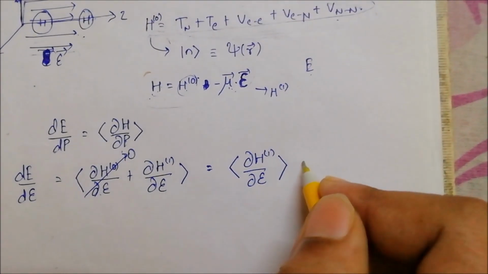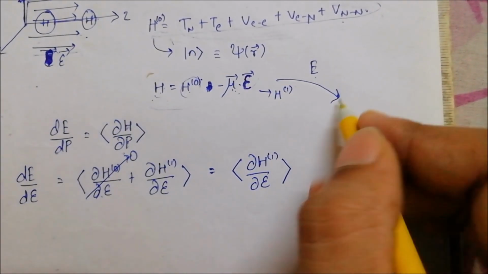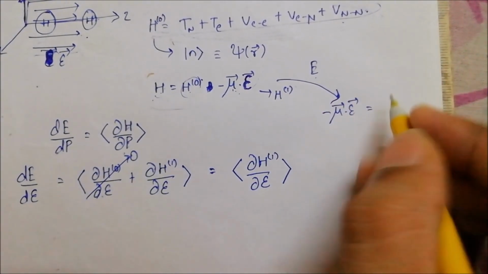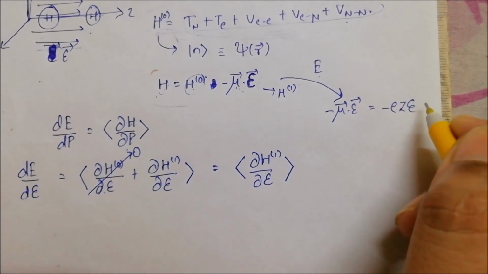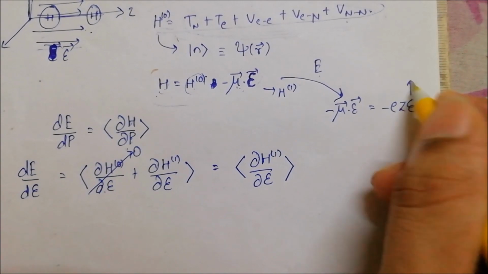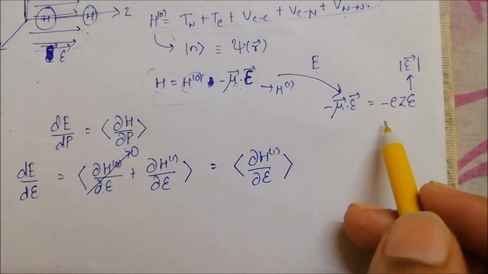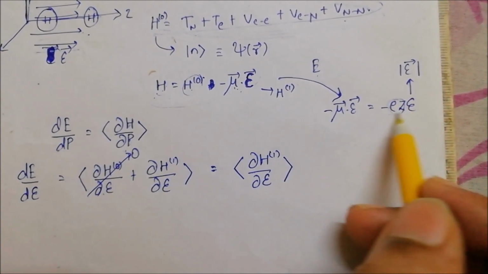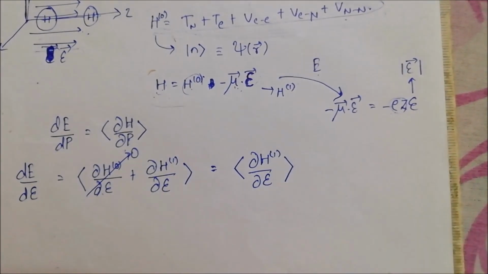So minus mu dot E vector will just be minus of e into Z into E, where this E is the magnitude of the electric field, and the e into Z because the dipole moment is given by a charge into the magnitude of the separation between the charges.